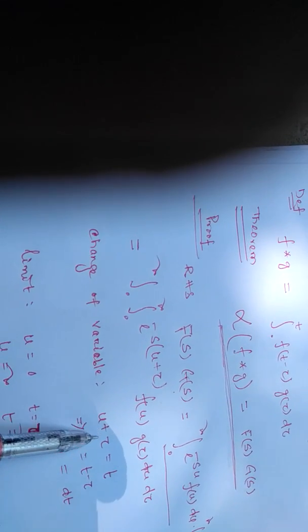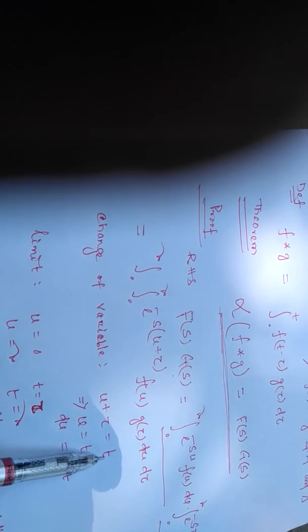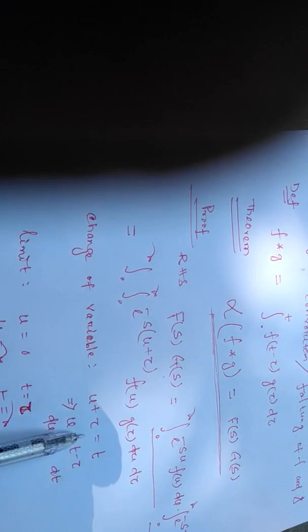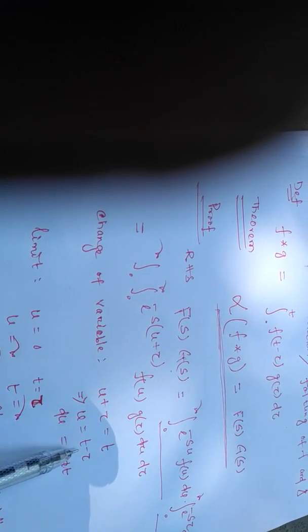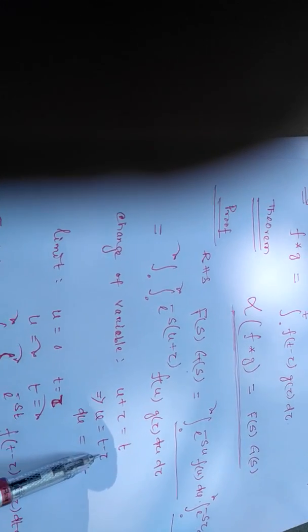So u plus tau I am taking to be a new variable t, and this gives u is equal to t minus tau. The differentiation gives du is equal to dt.